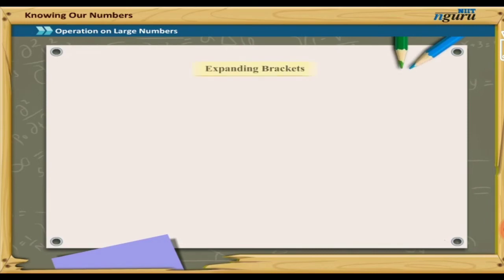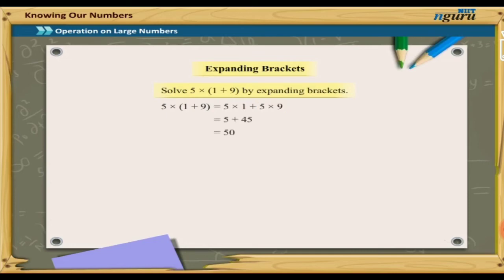Let us now learn how to expand brackets. Here, we have to perform multiplication by 5 on both the numbers inside the brackets. Therefore, we will get 5 into 1 plus 5 into 9. Let us see another example.